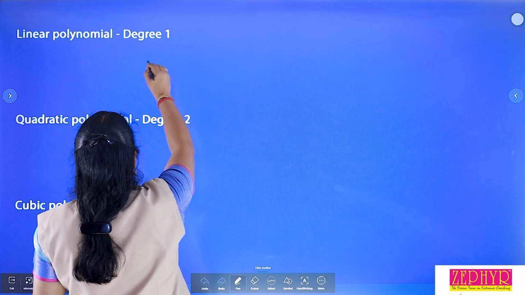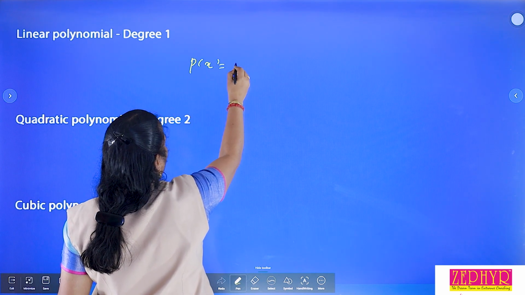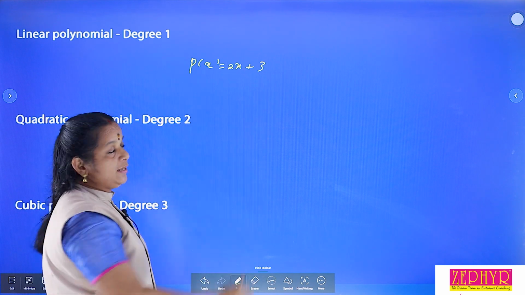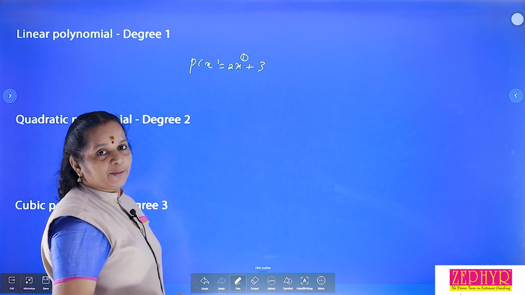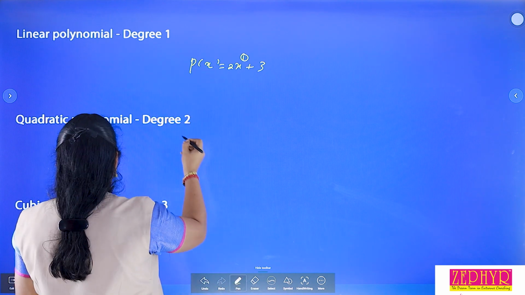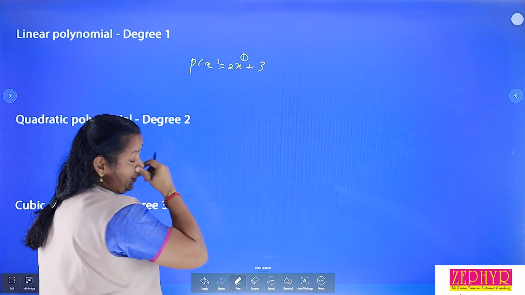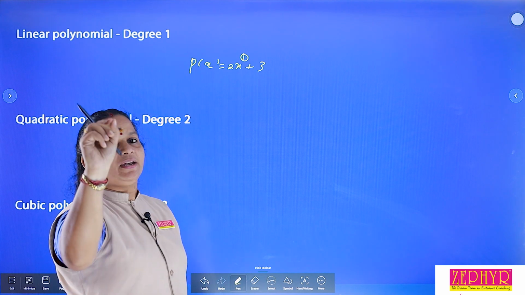For example, take a polynomial of degree 1: p of x is equal to 2x plus 3. Here the degree of the polynomial is 1, so it is an example of a linear polynomial. If we draw the graph of a linear polynomial, it is always a straight line.